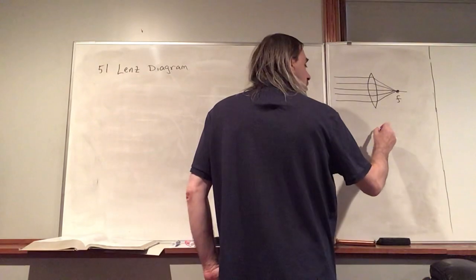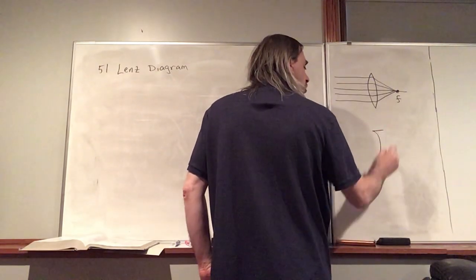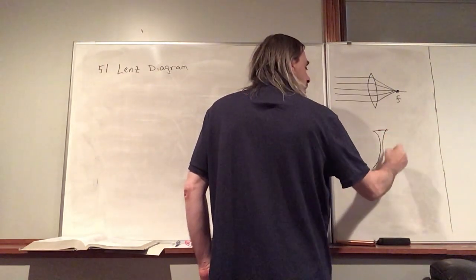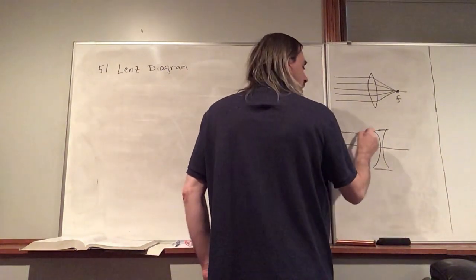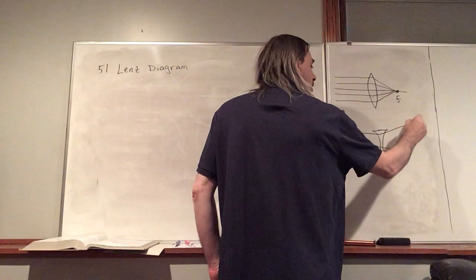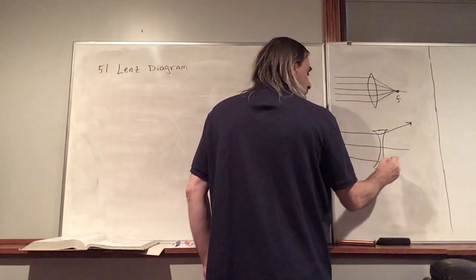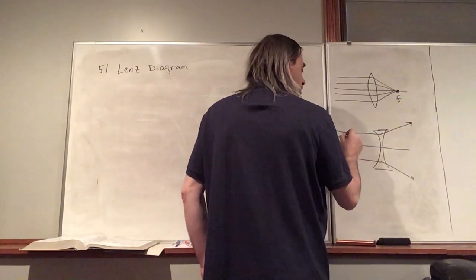And we can also have a diverging lens. It has this hourglass look. The light coming parallel to this axis is going to diverge.